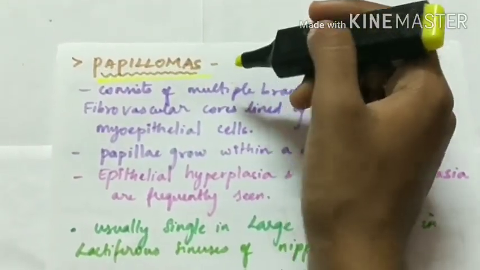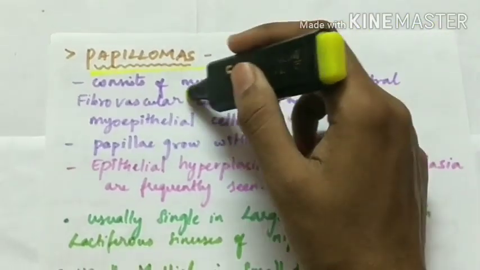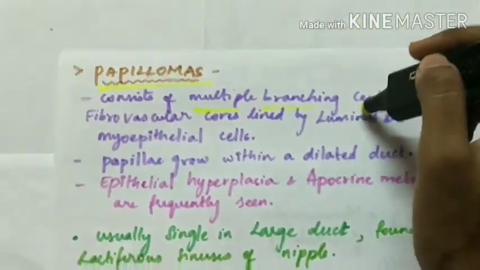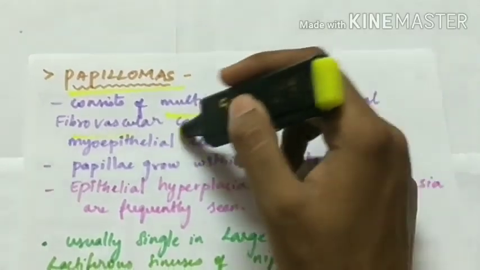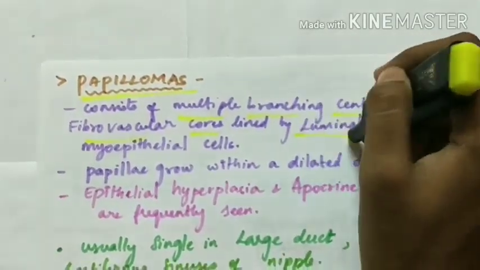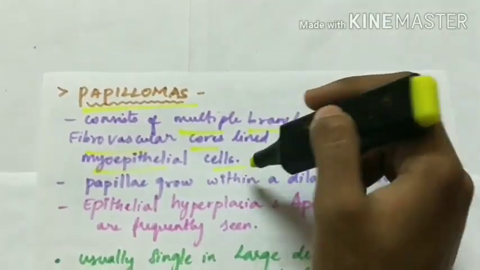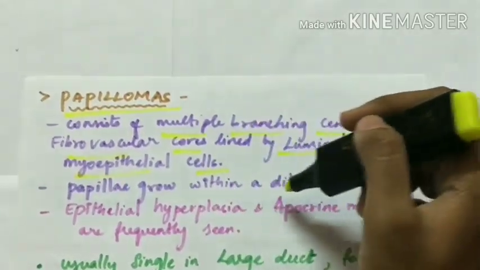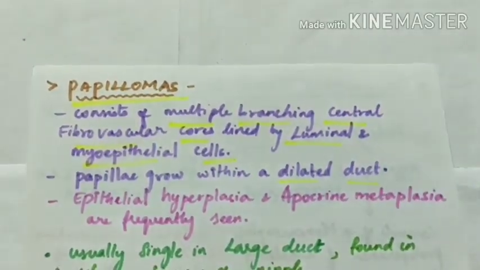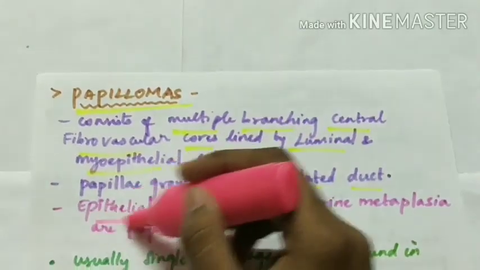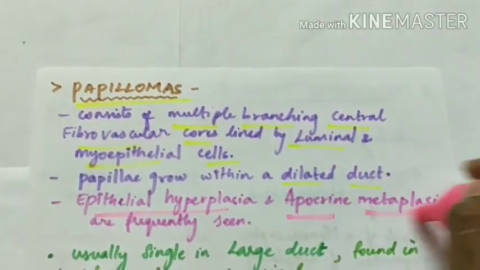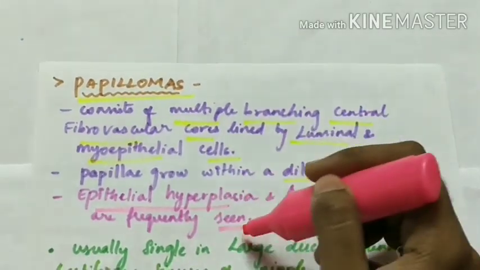Next is papillomas. The papillomas consist of multiple branching central fibrovascular cores which are lined by luminal and myoepithelial cells. The papillae grow within a dilated duct. Epithelial hyperplasia and apocrine metaplasia is seen.